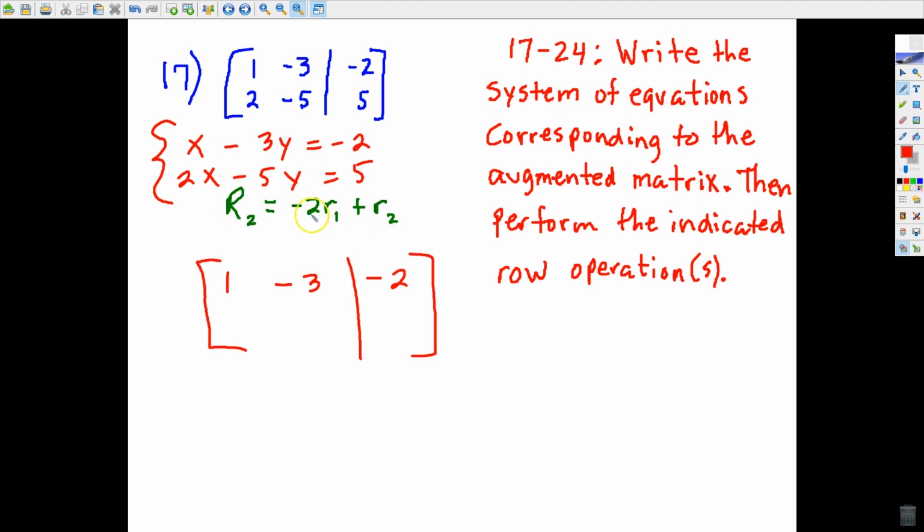So we can do some mental math here. We'll just go one at a time. If I multiply negative 2 times row 1, that makes negative 2. 1 times negative 2 is negative 2. And then if I add that result to row 2, what do I get? Negative 2 plus 2, that makes 0.